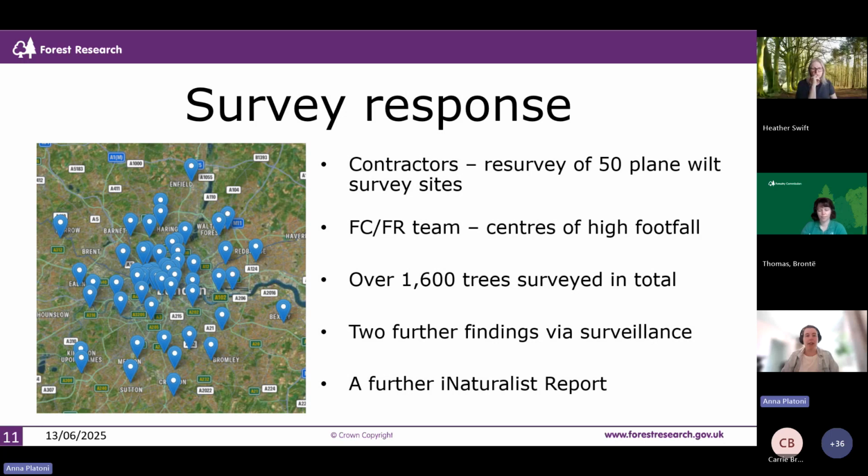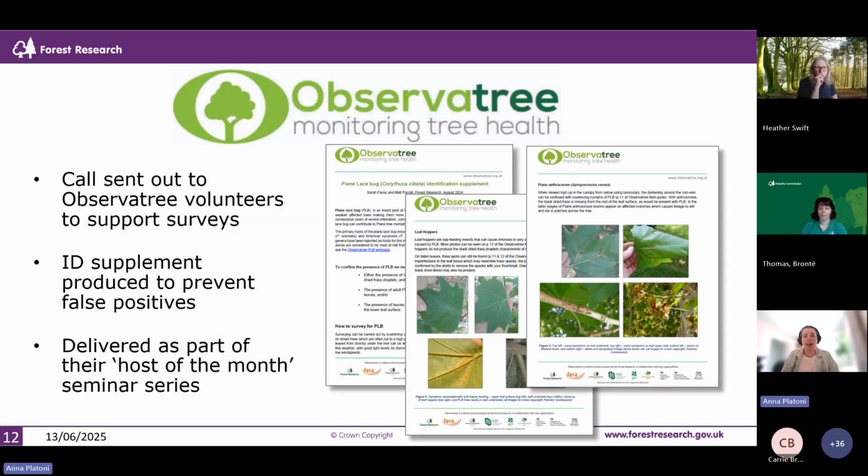In addition to the organised surveys, a call was also sent out through the Observatory platform to volunteers to ask them to survey plane trees in their local areas. To help them do this, we produced an ID supplement guide.